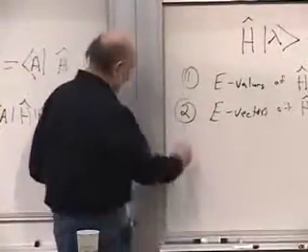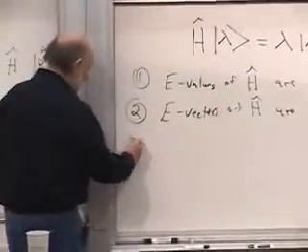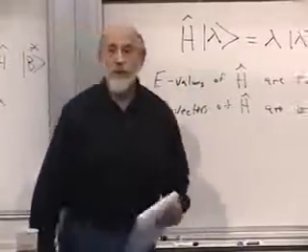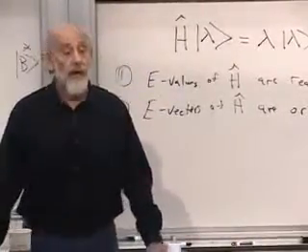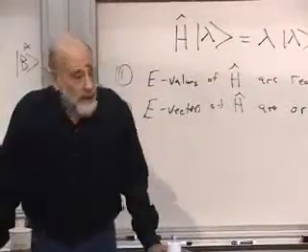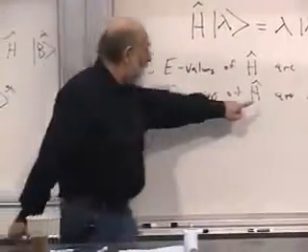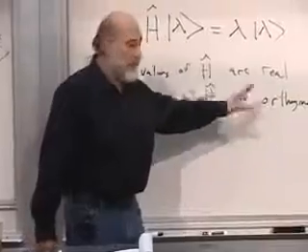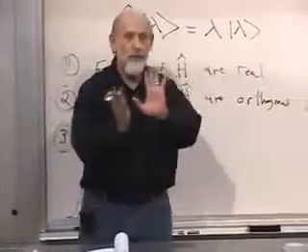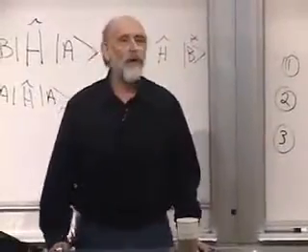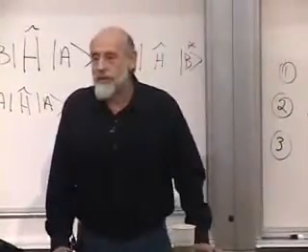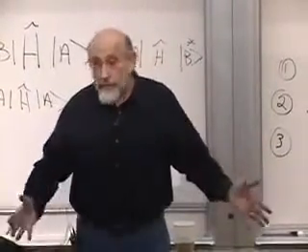Number 3. Basically, number 3 says there are a lot of eigenvectors of Hermitian operators. How many is the maximum there can be? Well, they're all mutually perpendicular to each other. How many mutually perpendicular vectors can you find in a d-dimensional vector space? Well, maximum is d.